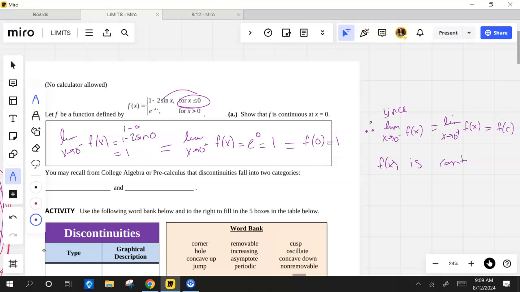What would make this not continuous would be if this one was x less than 0, and maybe I came up here and said f of x equals 3 when x equals 0. Now this is not a continuous function, because I plugged the hole up above it.